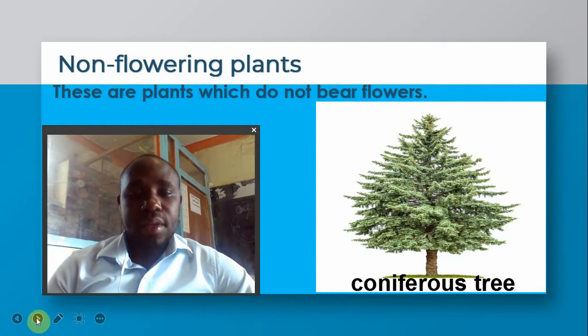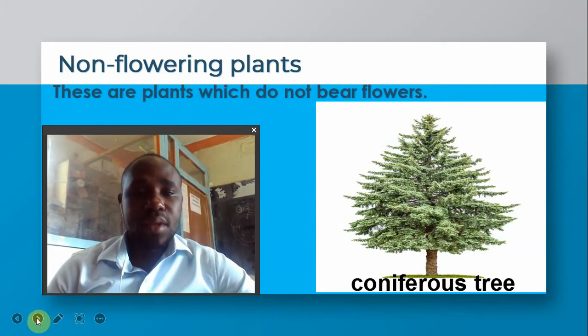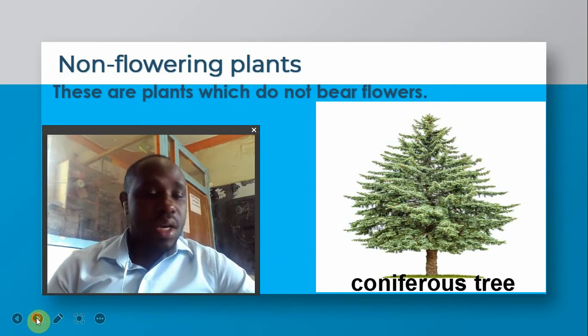So we are saying that non-flowering plants are plants which do not bear flowers. For them, they don't have flowers. Like the tree you are seeing there, it will grow, it will reproduce, but will not have what? Flowers.